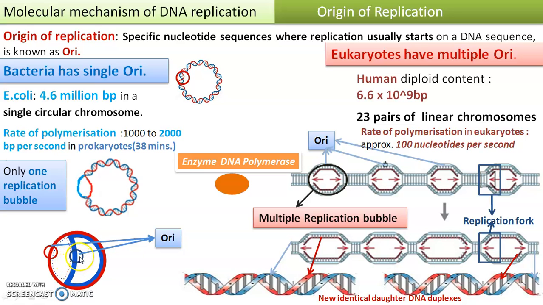The separated strands with the newly synthesized strand also have an ORI, called the future ORI. Both the strands have the same kind of ORI, which can also initiate replication before the first one is completed and even before the cell division is over. So that way, when you count, the replication time has to be counted from before the cell division starts till the cell division is over. So it goes to approximately 38 to 40 minutes.